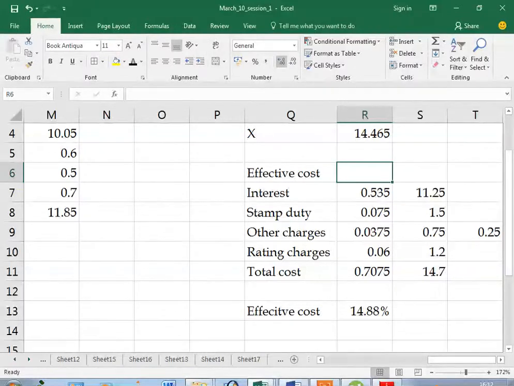I'll explain as I proceed. The first sentence is: X will become 50 lakhs in 4 months at 12.5%. Tell me the X first. X will become 50 lakhs in 4 months.